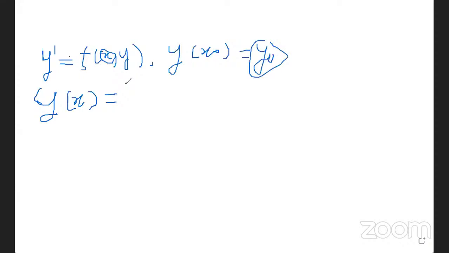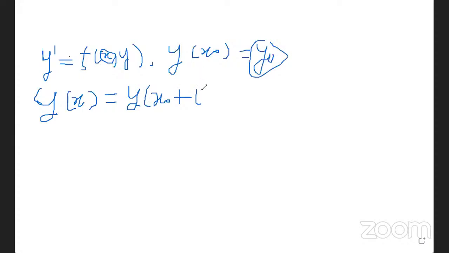Basically we should convert this y at x, rather y at x naught, so that things would be somehow known initially.